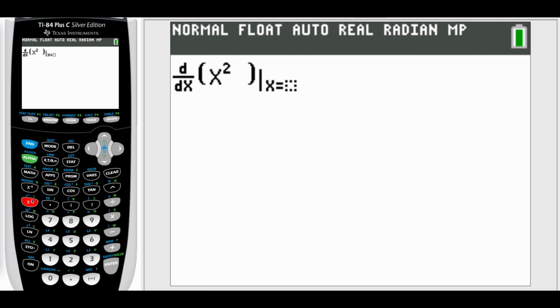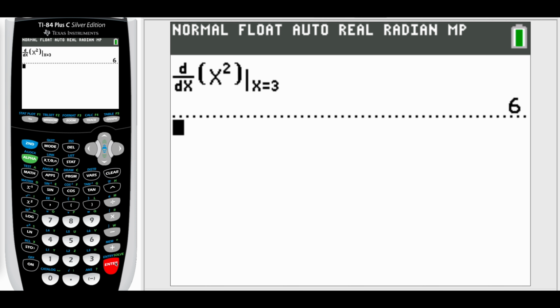But for our purposes, just know that it equals 2x, and you have to find it at a certain point. Say we wanted to find it at 3. Because the derivative is 2x and x is equal to 3, 2x becomes 2 times 3, which is 6. So if you hit enter, you should get 6, which is the derivative at that point. So the derivative of x squared at x equals 3 is 6.